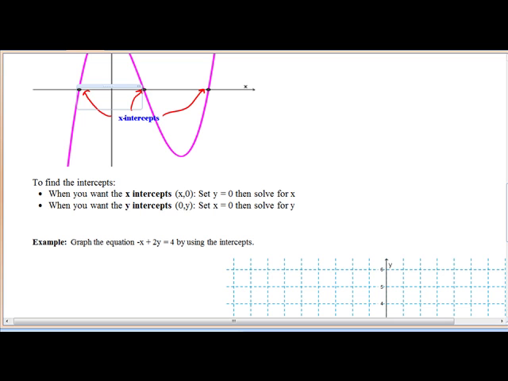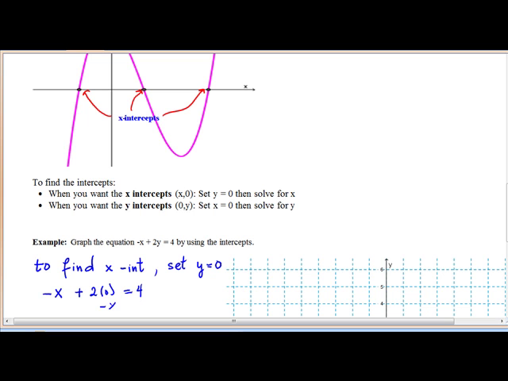So first, I'm going to find the x-intercept. Once again, to find the x-intercept, we set y equal to 0. So I have minus x plus 2 times 0 equal to 4.